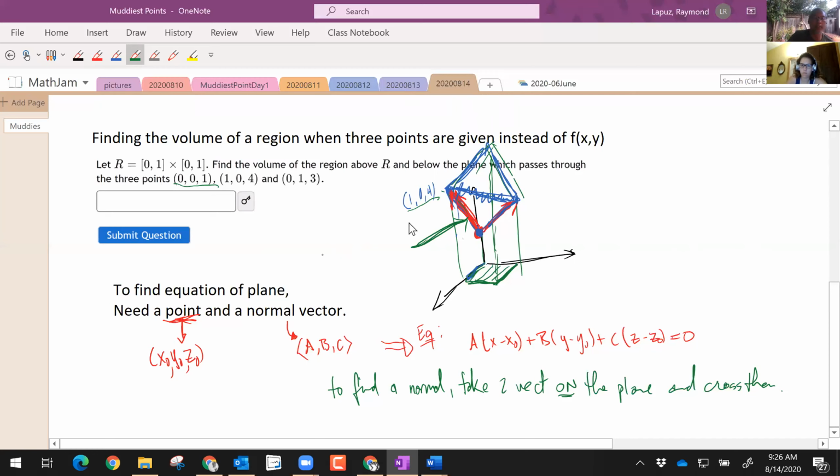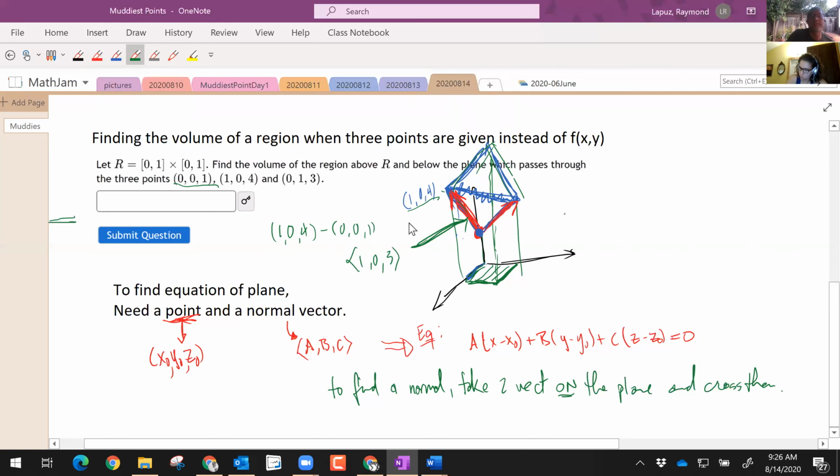So the vector 1, 0, 4 minus 0, 0, 1 is going to be the first vector that we're going to consider, 1, 0, 4 minus 1 is 3.